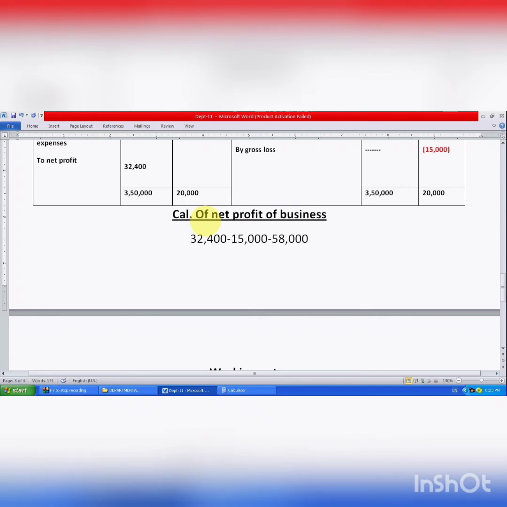So right here, first department A plus department B minus general expenses is equal to.